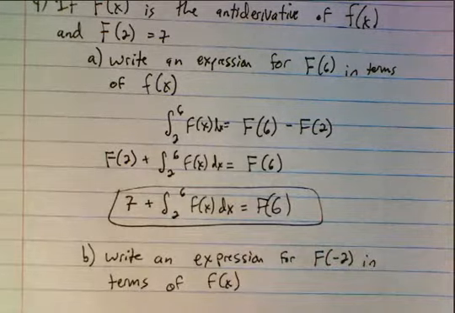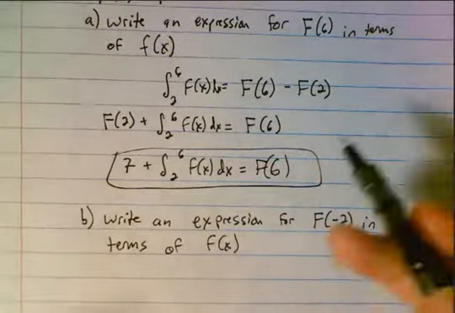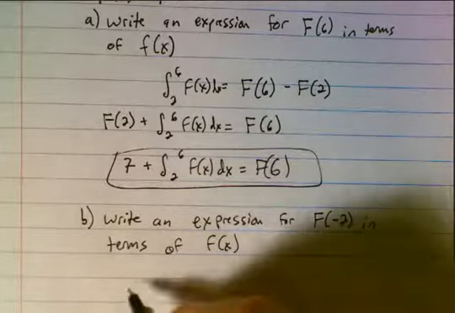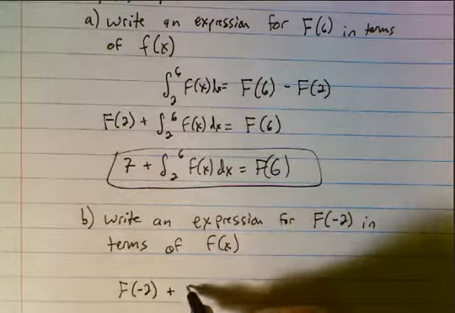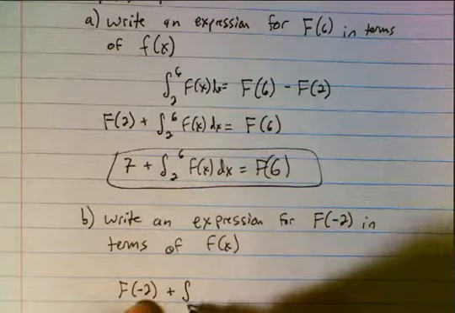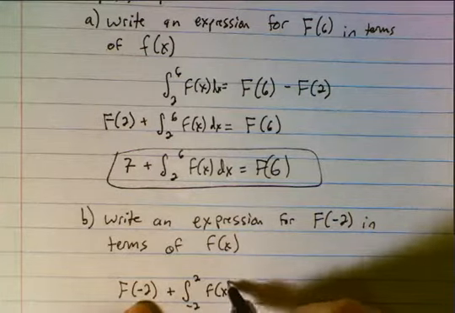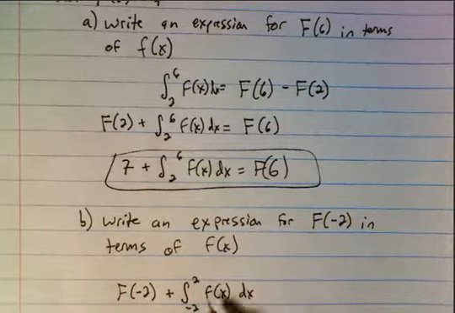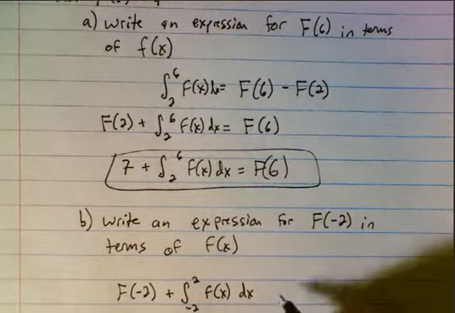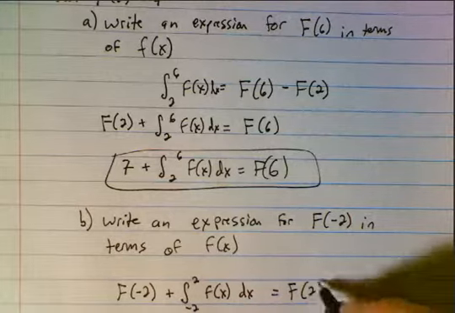And the way that we did this before is we said, okay, we're going to start with the smaller one, so we know F of negative 2, and if we add to that the change from negative 2 to 2, and the integral of the derivative is the change in the function, then that's going to give us F of 2, which we know.